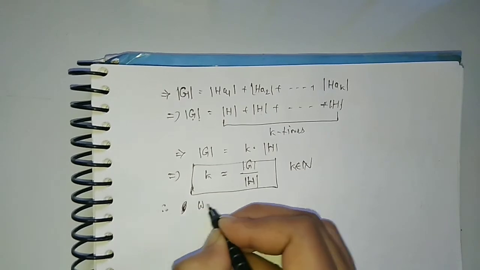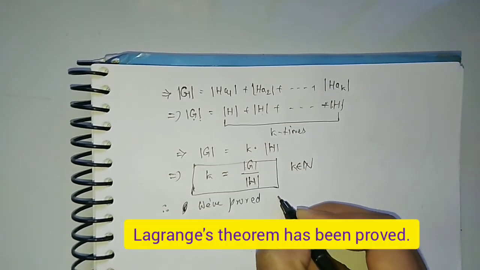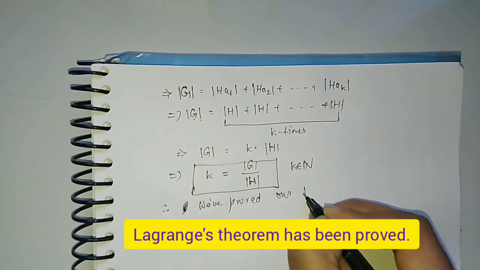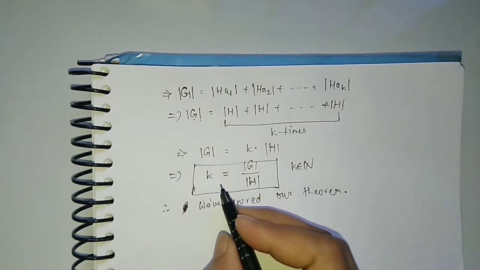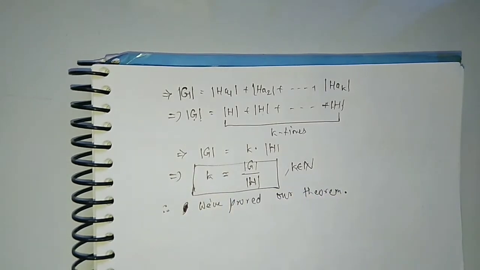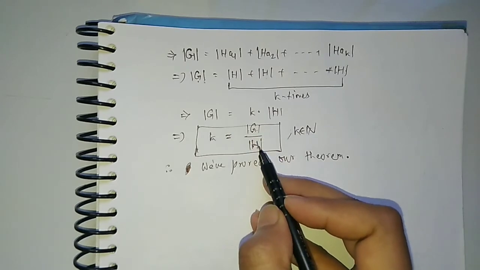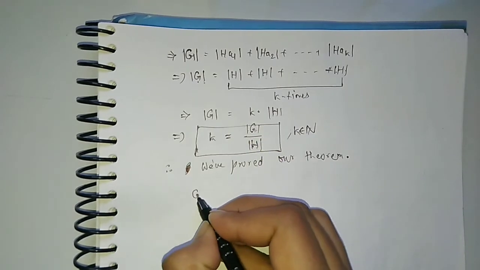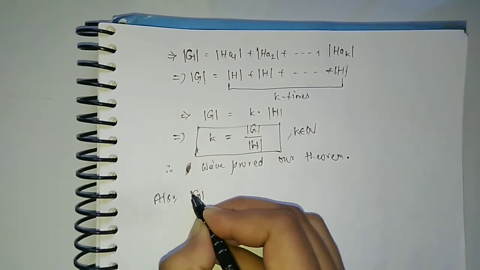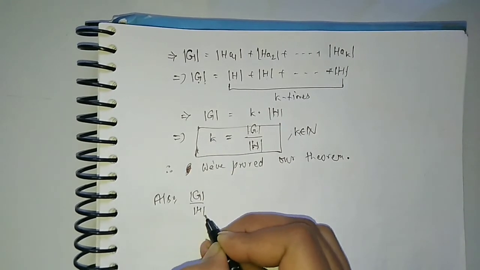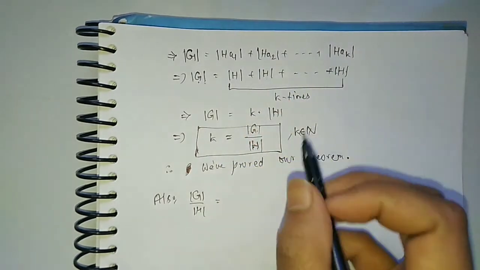So we have proved our theorem. Also we can say from this expression, that is K is equal to the order of G upon the order of H, that the order of G upon the order of H is equal to K, where K is the number of distinct right cosets.